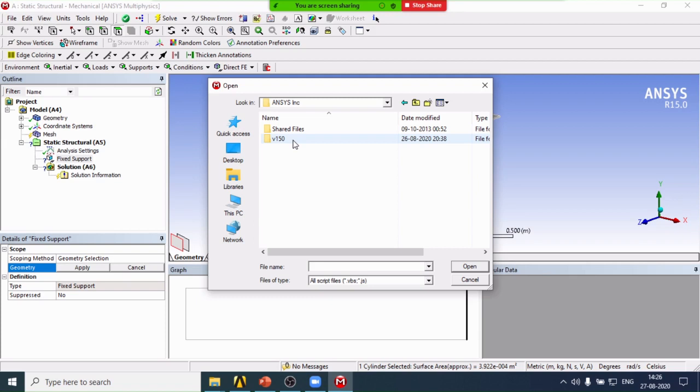There are so many macros. Then select by size, so automatically the next hole will also be selected. Likewise, if you want to select maybe 20 holes within a single click, quite easily you can do it. Then now you can apply the force onto this.